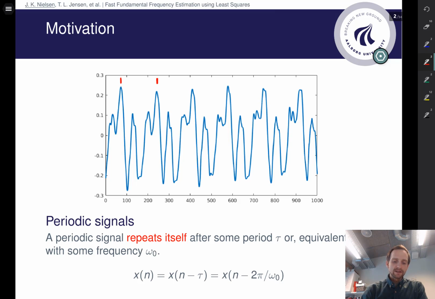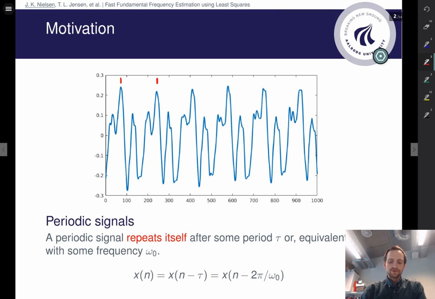Mathematically, we can write it in the following way, the way we have it in equation 1. If we shift the signal by tau, then the signal is equal to itself. And tau here cannot be just any number, it must be the right number, which we call the period of the signal.